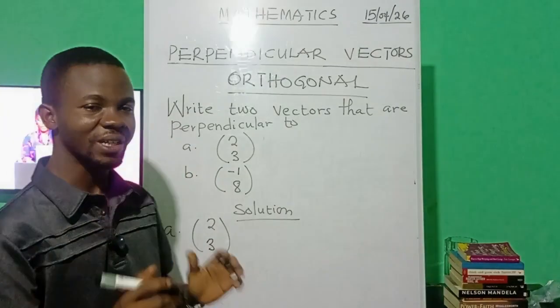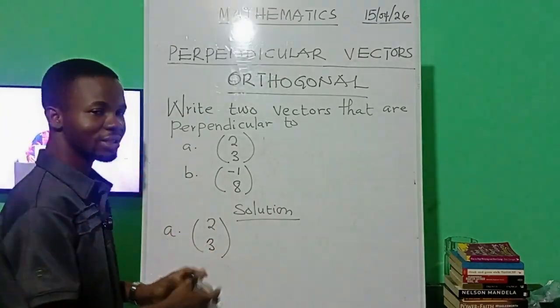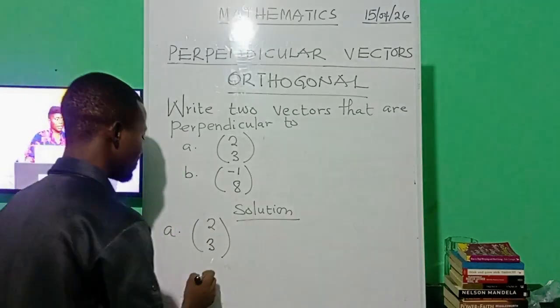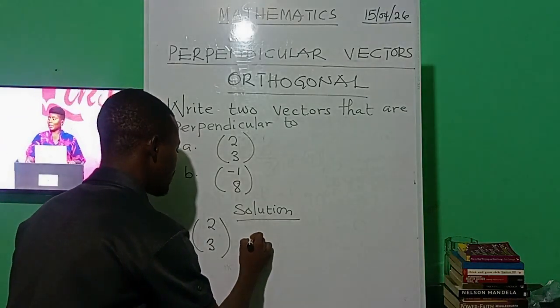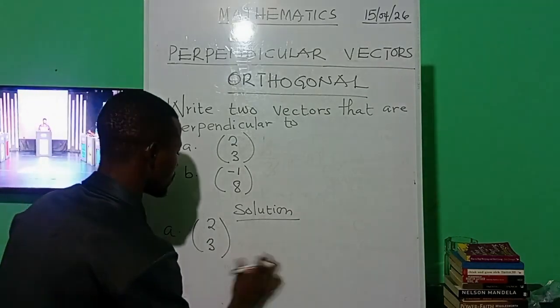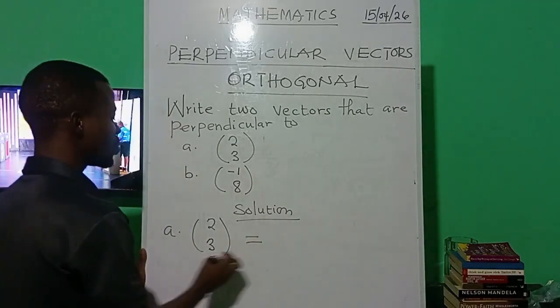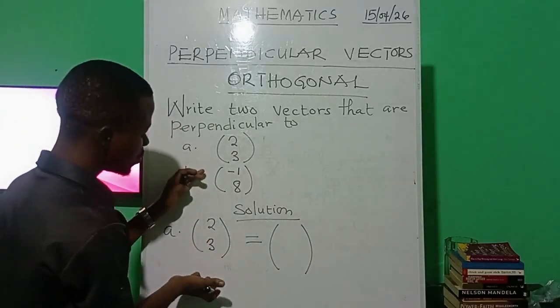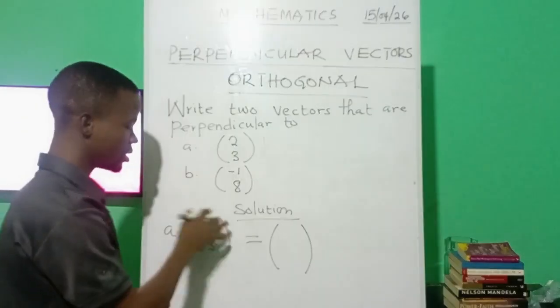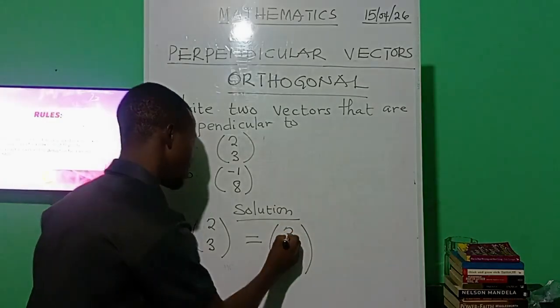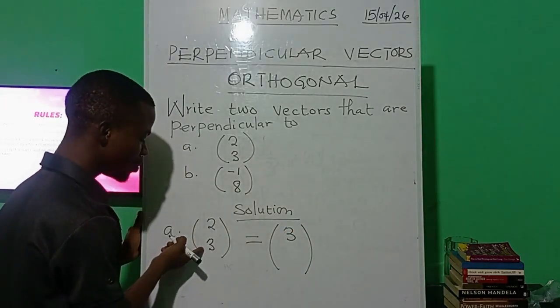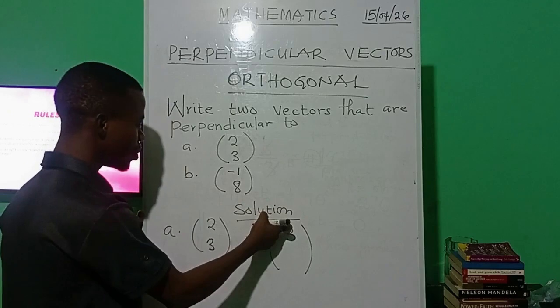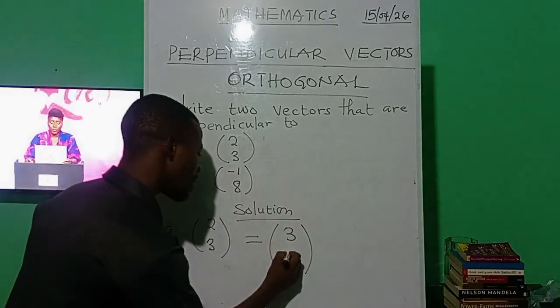If you want vectors that are perpendicular to this, you interchange their positions. So the 3 comes to the top and then the 2 comes to the bottom.